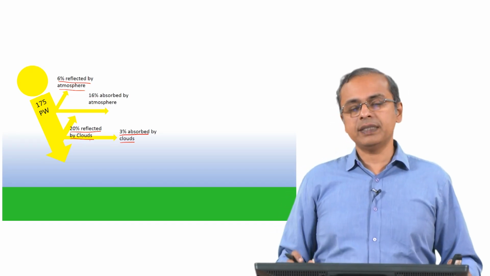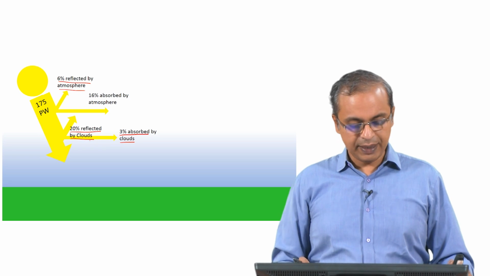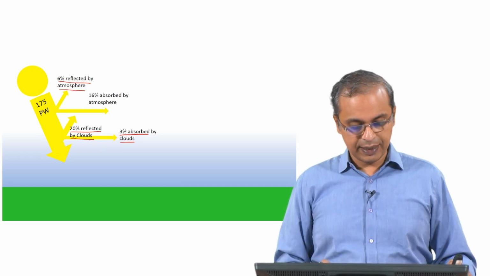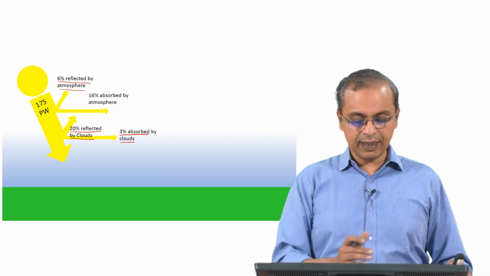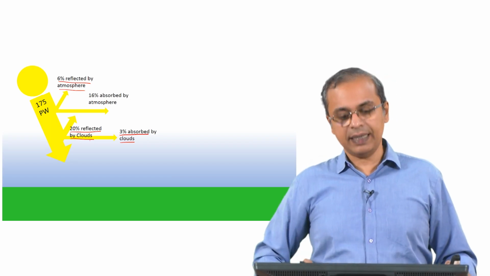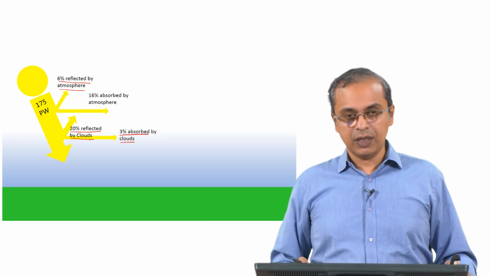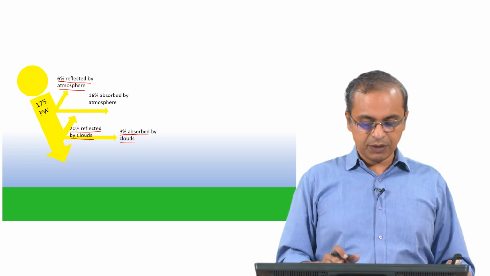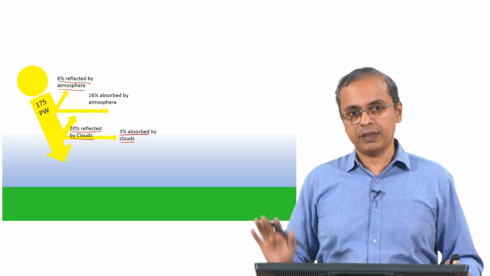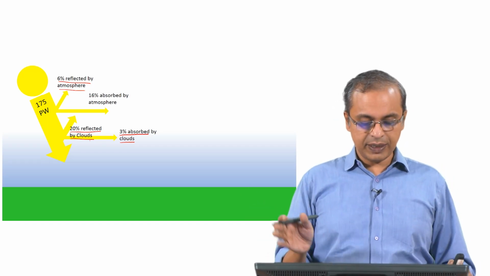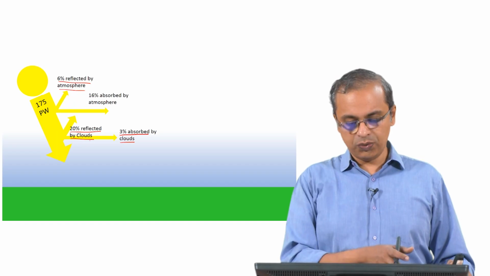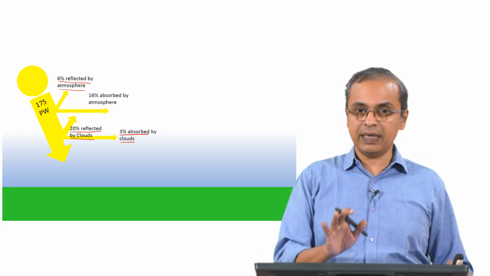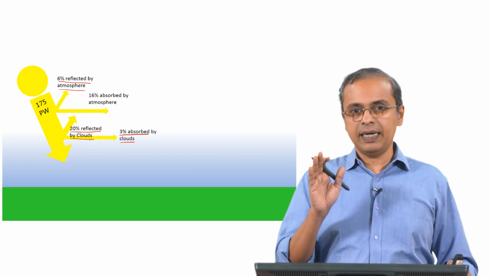A further 20% is being reflected by the clouds. So that means now 42% is basically not there, and then you also have 3% that has been absorbed by the clouds. So that is 45%. So 45% of the incoming radiation has been dealt with by these 4 phenomena, right. 6 plus 16 is 22, 22 plus 20 is 42, and then 3 is 45. 45% of the incoming radiation has already been dealt with simply by the atmosphere and by the clouds.